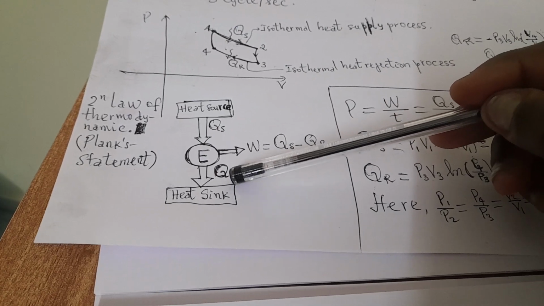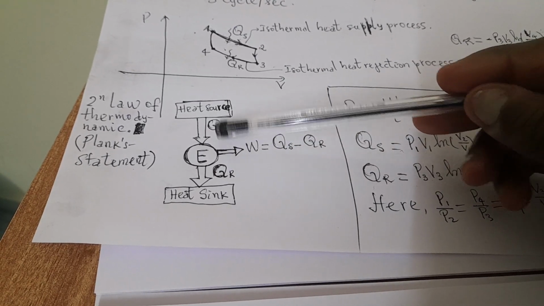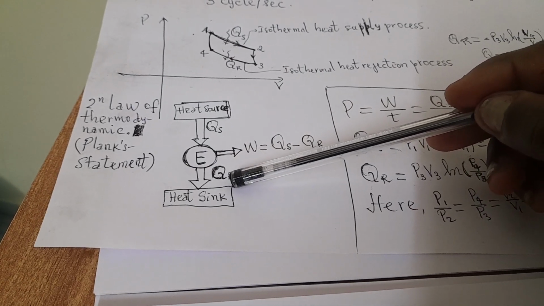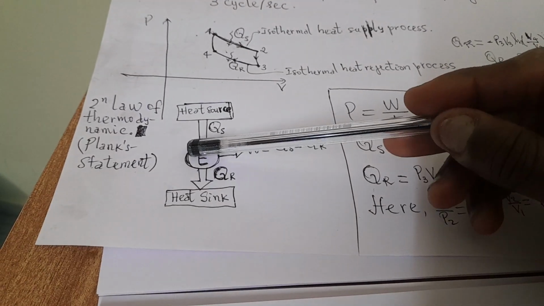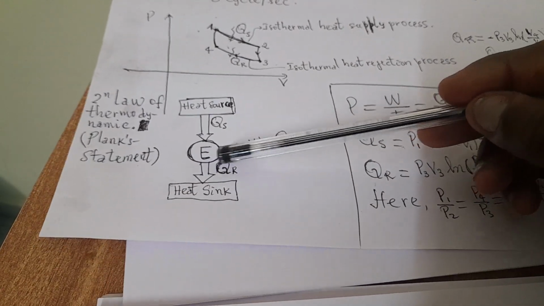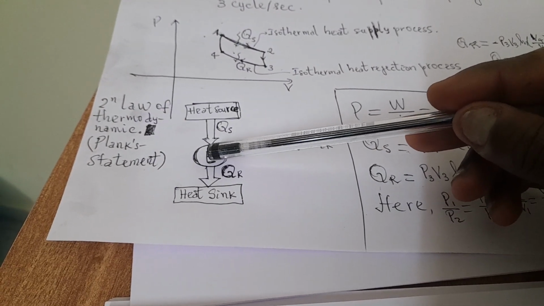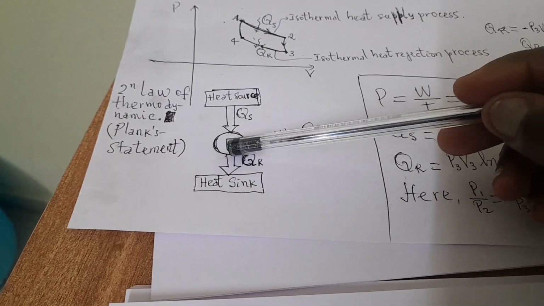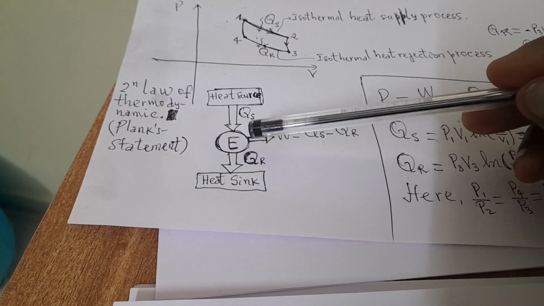But the point is that theoretically, QS, the heat supplied, should be equal to the heat rejected, but it's not possible because this engine will also retain some amount of heat. Maybe it's made of metal, so the metal will conserve a part of the heat, and also some friction and things like that.